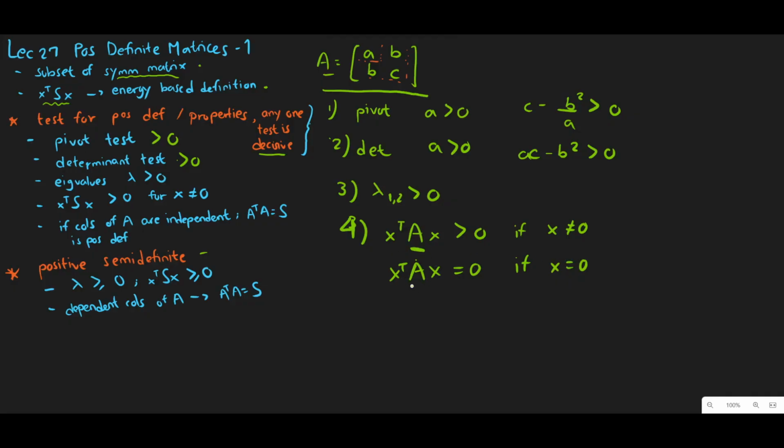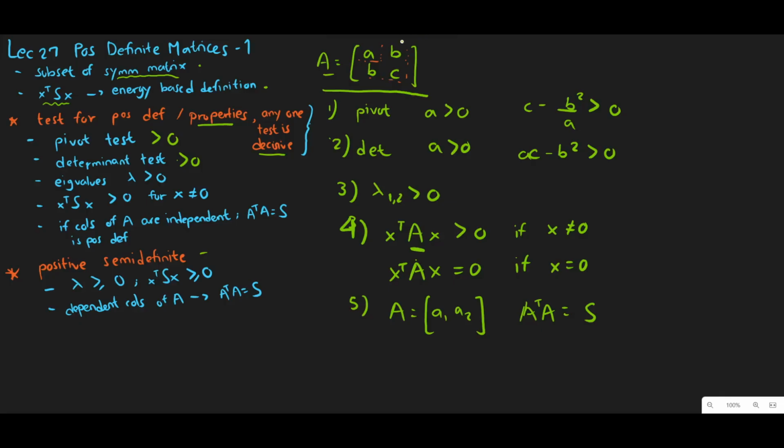And the last thing, I don't think it's used as a test, it's more of a property: if A consists of independent columns, then A transpose A is also positive definite.